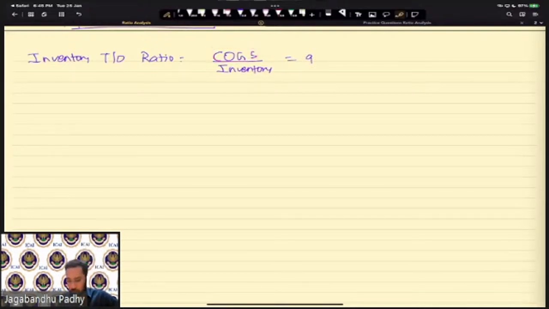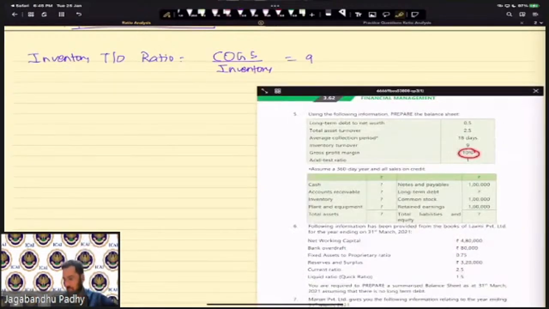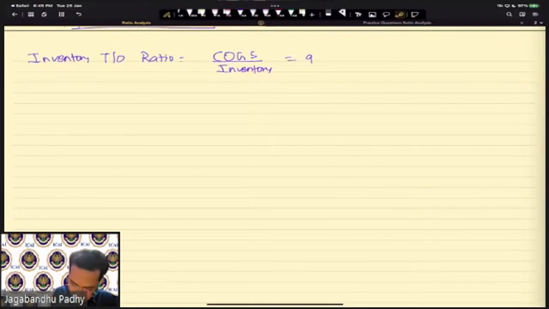What should I do? If you don't have COGS, take help of the next ratio, which is GP margin of 10%. So remember guys, if GP ratio is 10%, then what will be the COGS ratio?